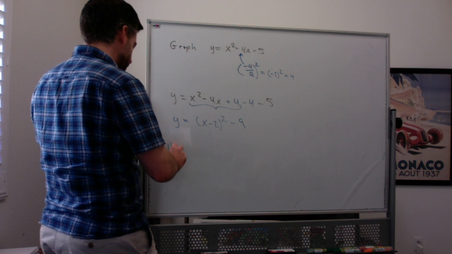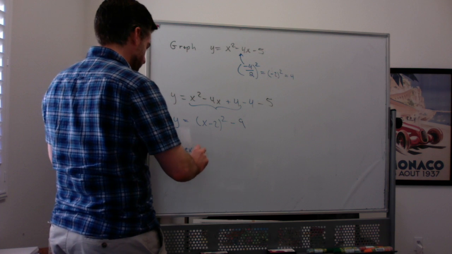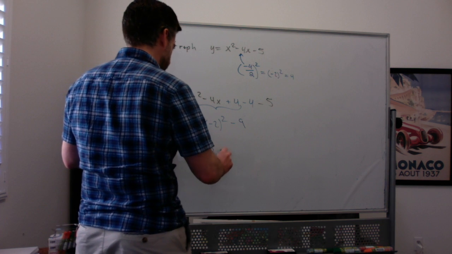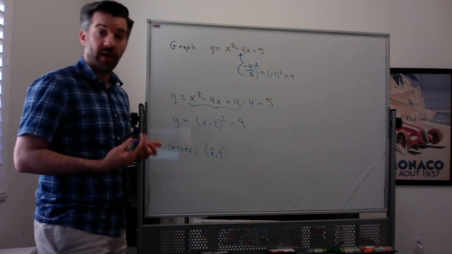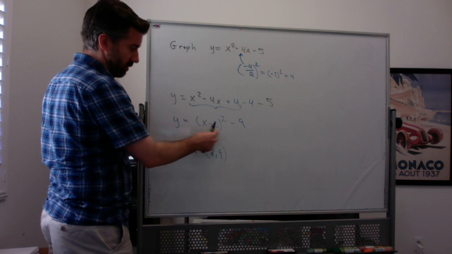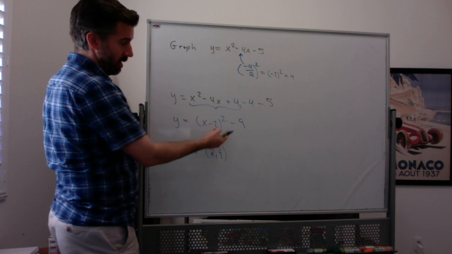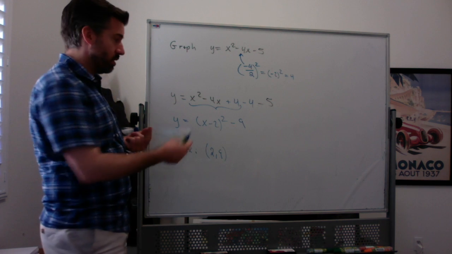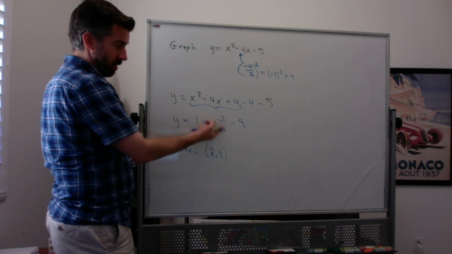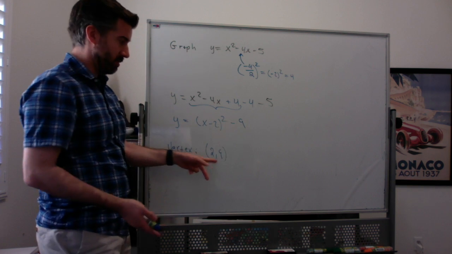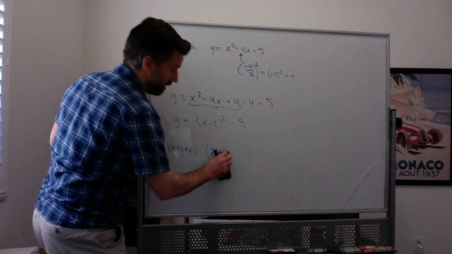Here the vertex is going to be the coordinate 2, 9. It's always going to be the value of x that makes this part equal to 0. So if x is 2, 2 minus 2 is 0. And then if x is 2, well, y is going to be 2 minus 2 squared is 0 minus 9. So y has to be, oh sorry, minus 9, not positive 9. Apologies there.